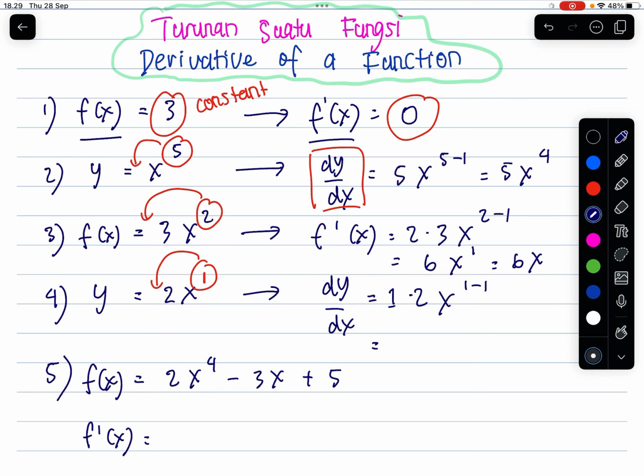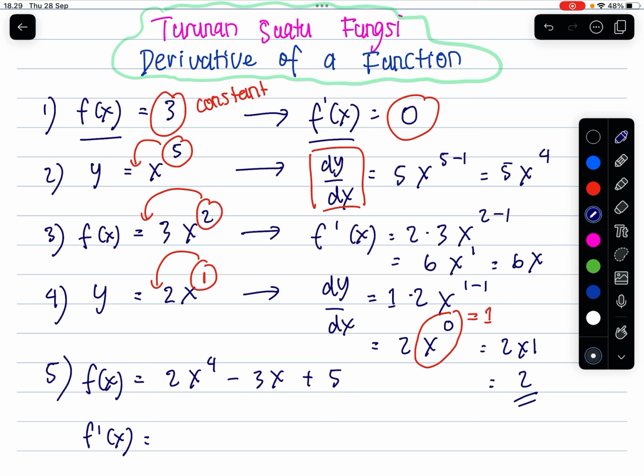Okay, now we're going to simplify. 1 times 2 is 2. X to the power of 0. X pangkat 0. Now, everyone, anything to the power of 0 equals 1. Jadi, apapun, jika pangkatnya 0, hasilnya adalah 1. So, the answer is going to be 2 times 1 or just 2. Okay, so that's number 4.